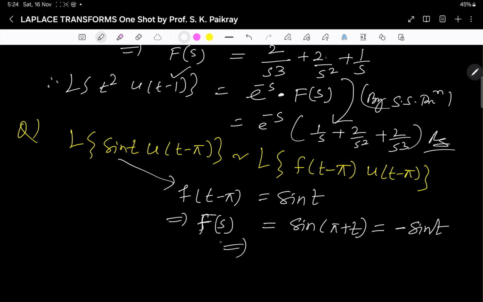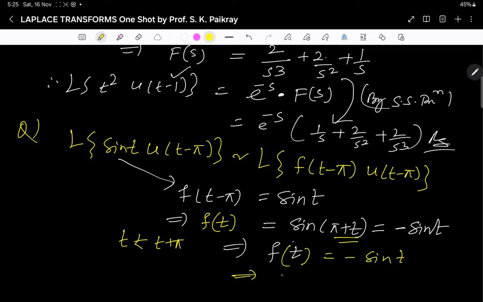So what is my Laplace of this? What is my f(t) now? Just a minute, it is f(t), not F(s). This is my f(t), meaning I replaced t by t plus pi. So on the right hand side I replace it. So what is my f(t) here? f(t) is minus sin t. So what is your F(s) now?